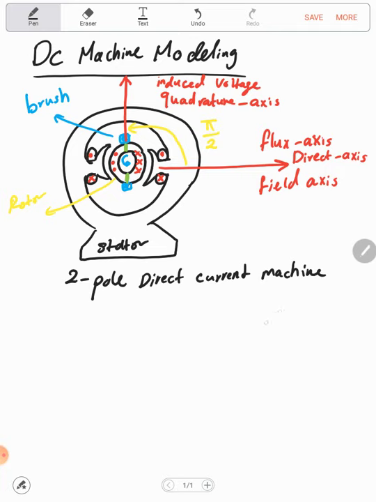If the field is in the direction of the pointer finger and the current in the direction of the middle finger, then the thumb will be pointing toward the force.